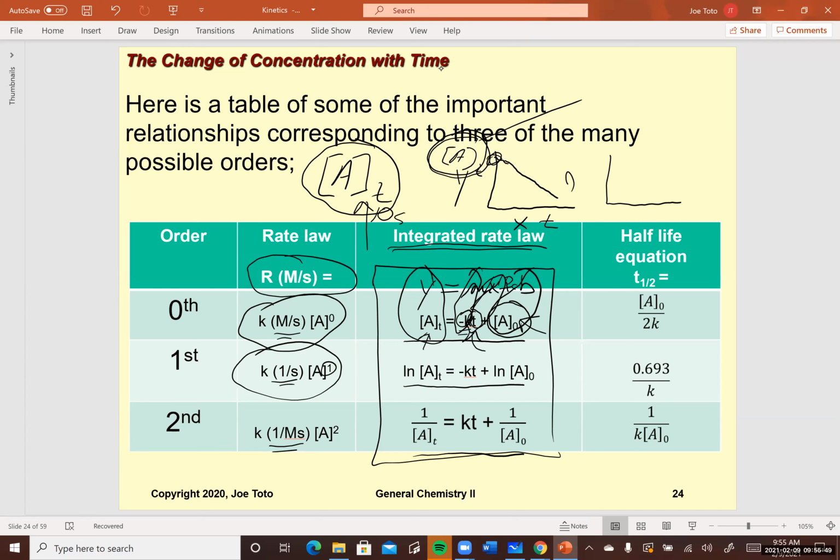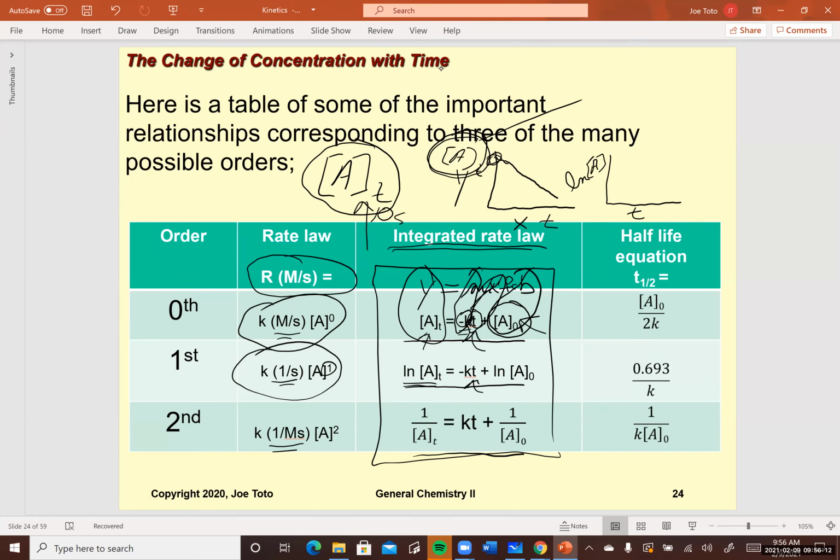Very good. So I put natural log of the concentration here versus time. Yeah, you guys are good. Awesome. So this is my y, and there's my x again.